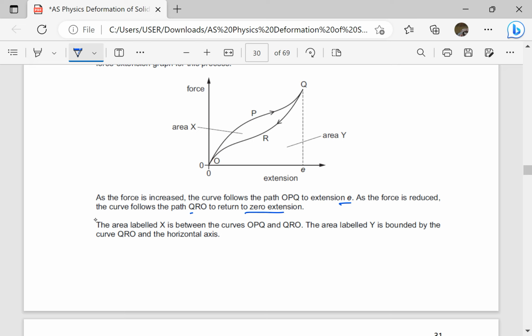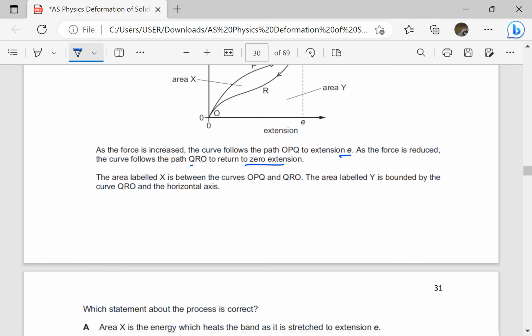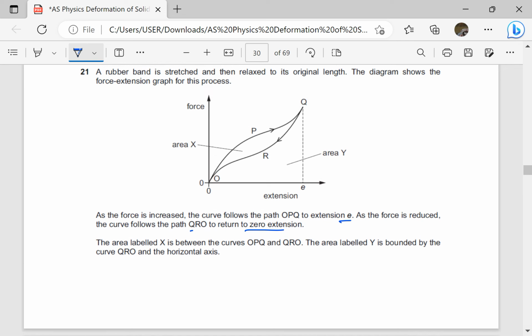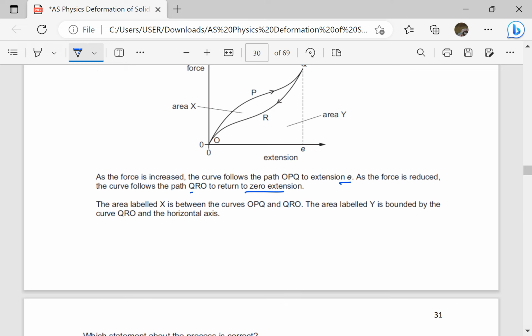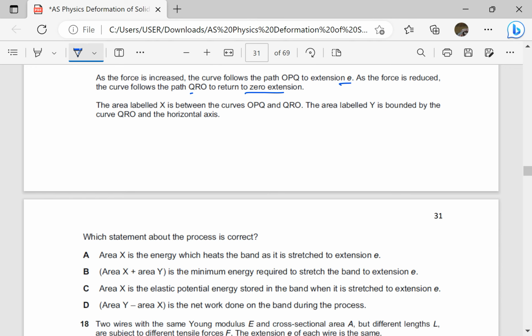That means the material is elastic, only that it follows a different path. The area labeled X is between the curves OPQ and QRO. The area labeled Y is bounded by the curve QRO and the horizontal axis. Which statement about the process is correct?